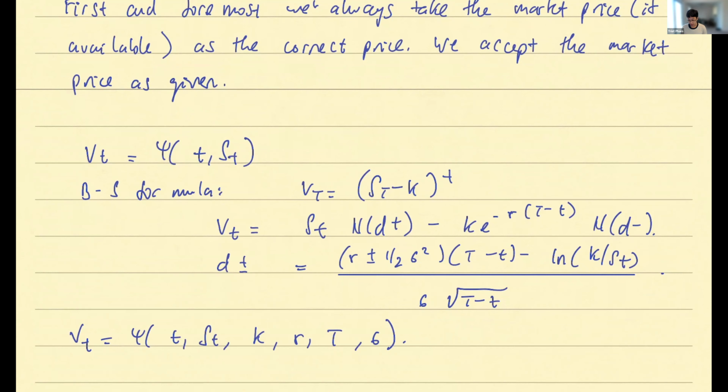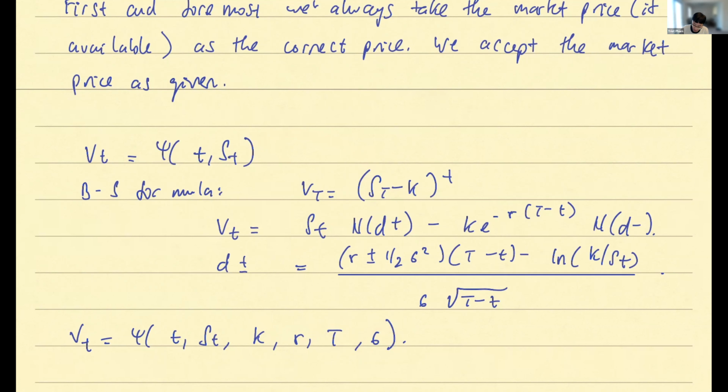And again, it's obvious because an option is an idea. So the price should depend on the contract, on the strike, on the interest rate because you map future value to present value, on how far ahead the expiration is. And it also depends on the riskiness of the stock, or the volatility of the stock.